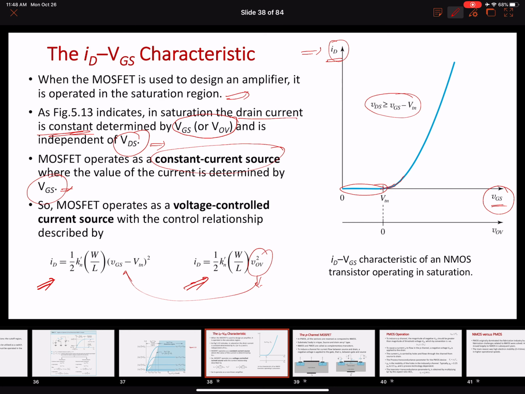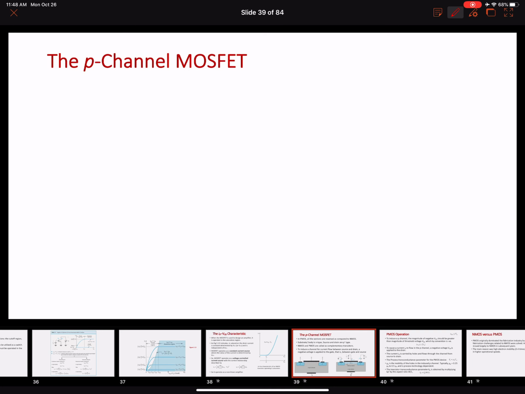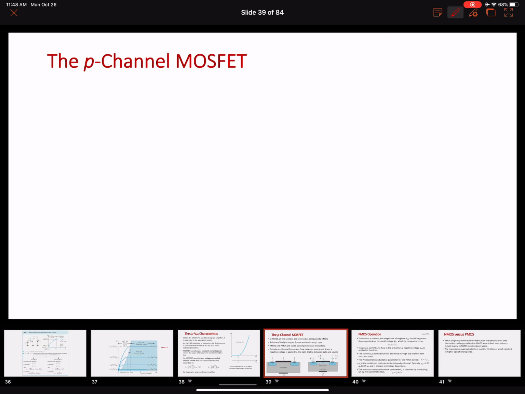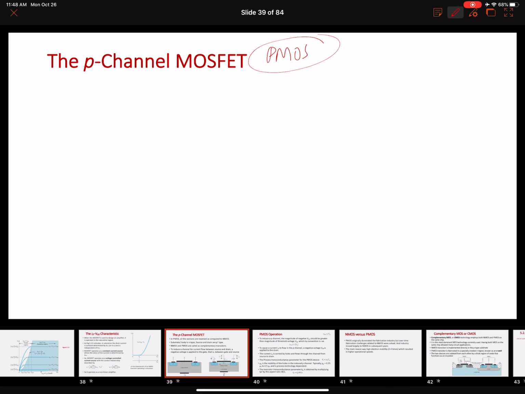Okay, so finally let's start with the P-channel MOSFET, or commonly known as PMOS. Up till now we have been discussing the NMOS, so let's talk about the PMOS. The PMOS is very similar in operation to the NMOS.